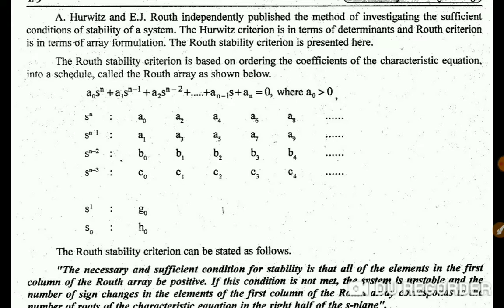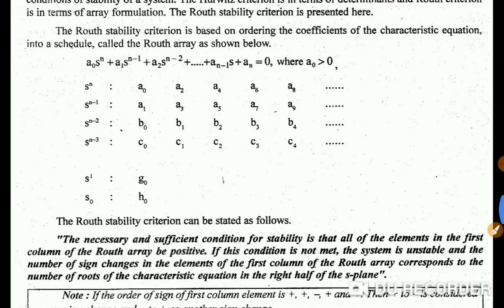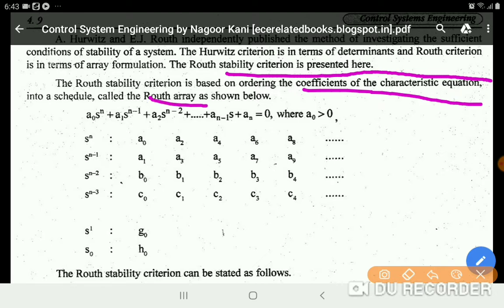And this is an array structure we need to form while solving a problem. This is what we call the Routh stability criterion, based on ordering the coefficients of the characteristic equation, and this is called a Routh array. See, if you have a characteristic equation like this, first start with s^n.